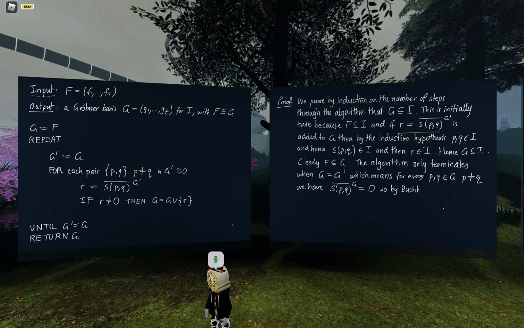Which means that by Buchberger's criterion, G is a Gröbner basis. What that means is that it only remains to prove termination. If we can prove this algorithm does in fact terminate, then it will return a Gröbner basis for I with F contained in G. All right, but before I prove termination, are there any questions?